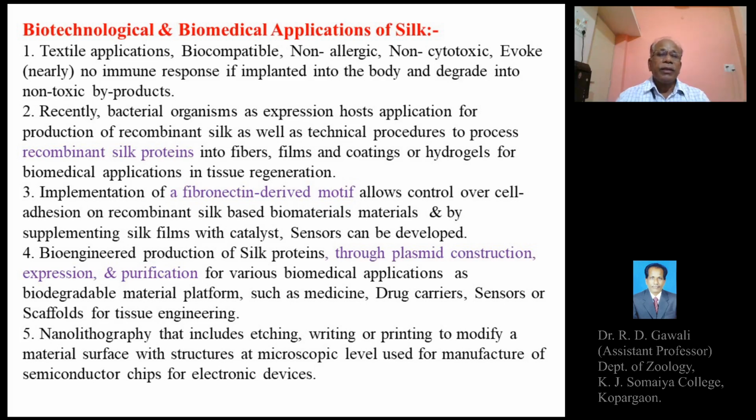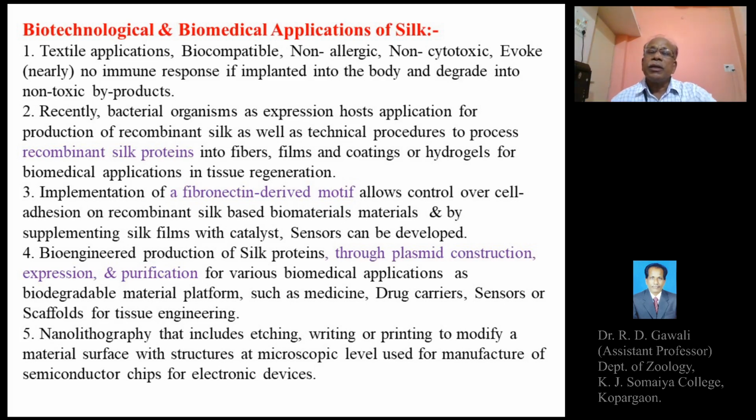And finally, nanolithography that includes etching, writing or printing to modify the material surface with the structures at a microscopic level used for the manufacture of semiconductor chips for the electronic devices.